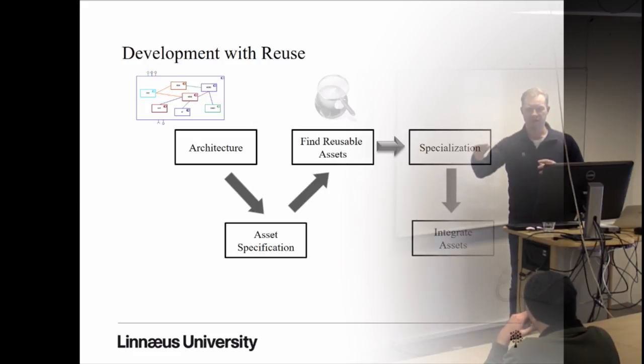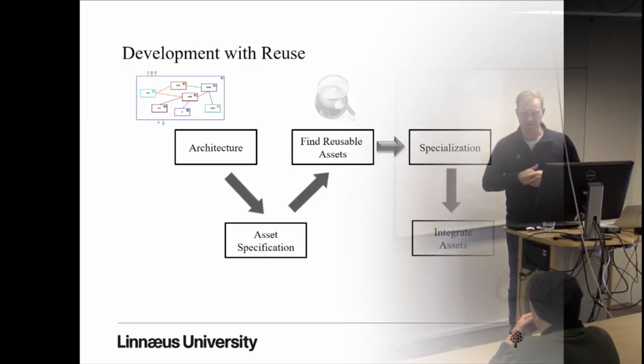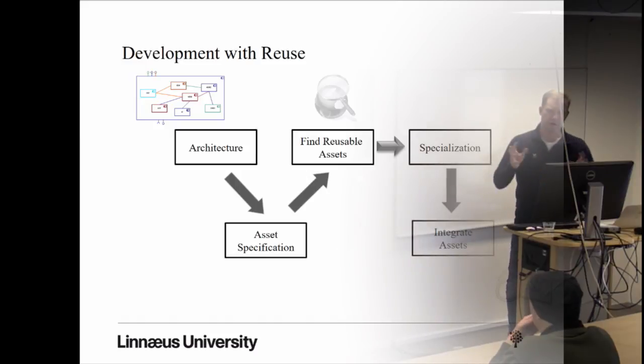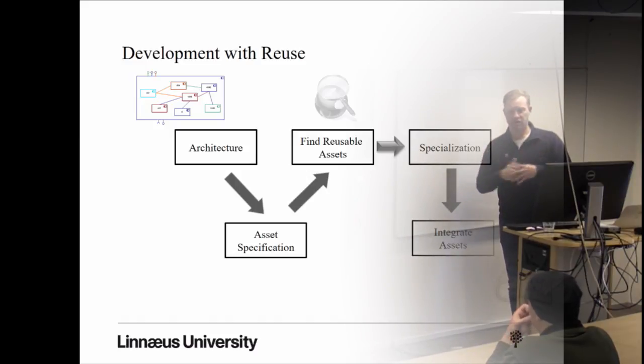You're looking for something that satisfies these responsibilities and provides and requires these interfaces. So the architecture is actually the basis for your specifications that you use when you search for usable assets.